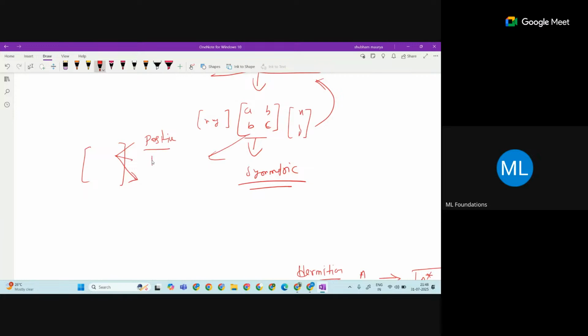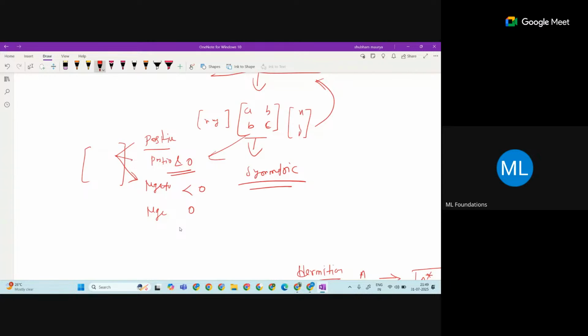If some of them are positive and 0 is there, then it is positive semi-definite, because 0 is there, you add the word semi. The next is negative definite, if all your eigenvalues are strictly less than 0. And if some of them are negative and 0 is also there, then it is negative semi-definite. You can always follow this method to decide whether your matrix is positive definite or negative definite.